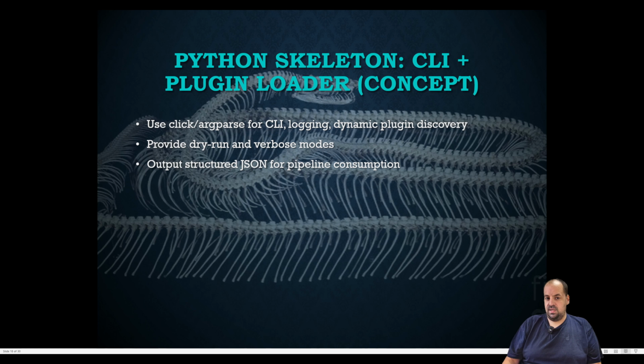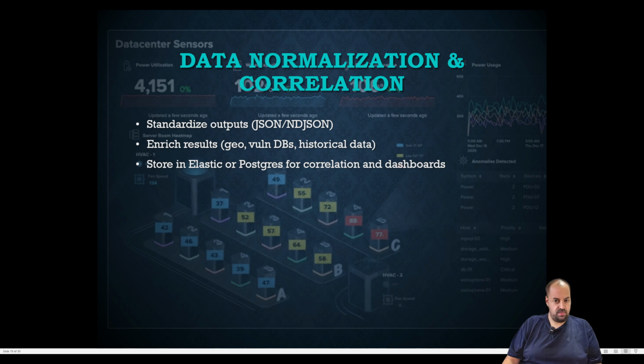Use Click and aggressive CLI logging and dynamic plugins. For example, in code, you can use Click with Python for the CLI, or just a tool that loads dynamic plugins. It's a great way to build a base for a big project. If you get the Python skeleton and the CLI and the plugin loader combined together, it's a great way to write a program.